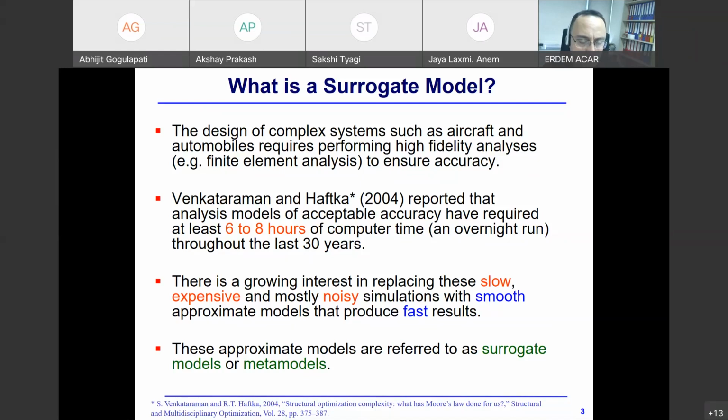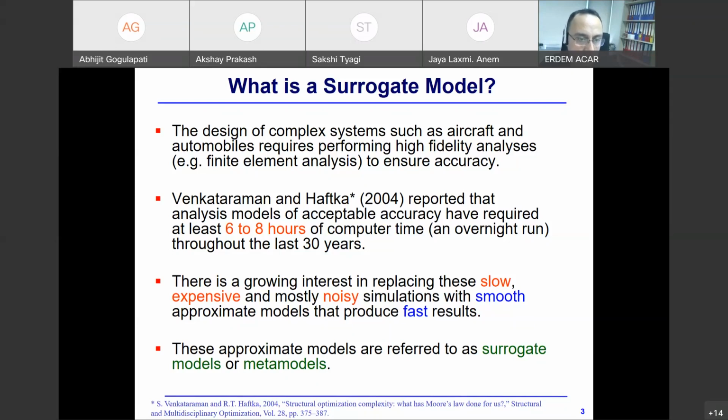And now we are in 2022, and this comment is still valid, because a high fidelity finite element analysis or CFD model takes 6 to 8 hours of computer time to have an acceptable level of accuracy.